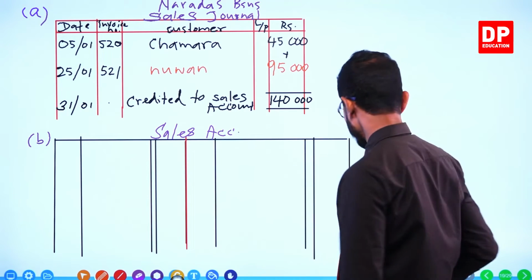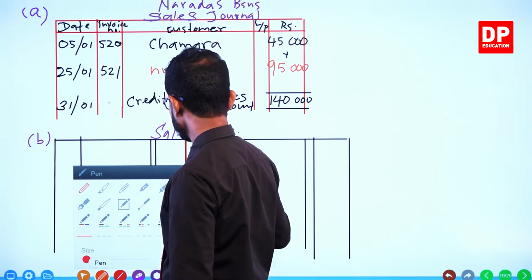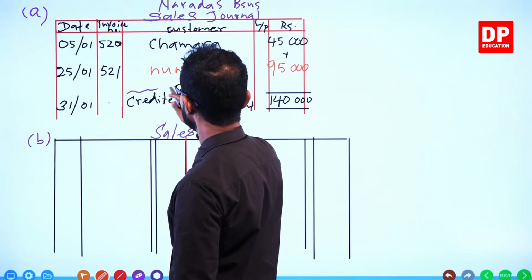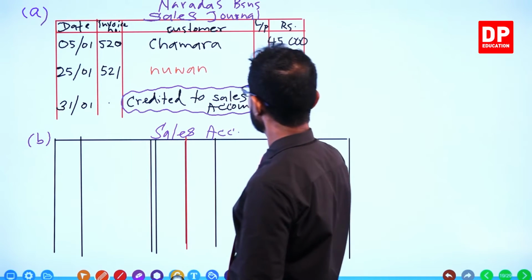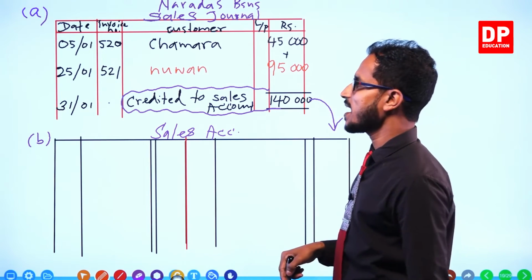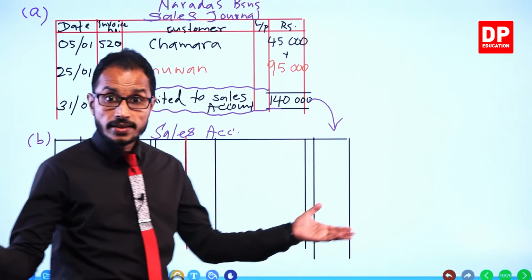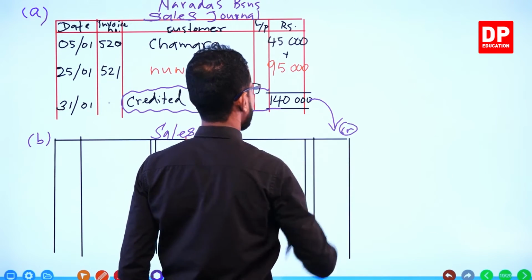Now you have the sales account here. This is what should be taken to the sales account. Which side? Credited. Credited. I missed to credit side.